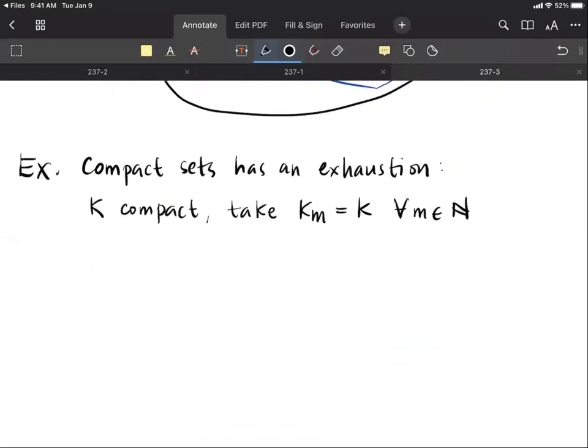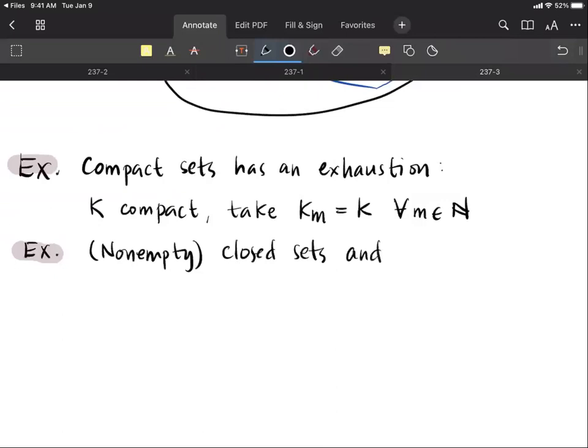Other examples are open sets and closed sets. Of course, non-empty. So non-empty closed sets and open sets have exhaustions.